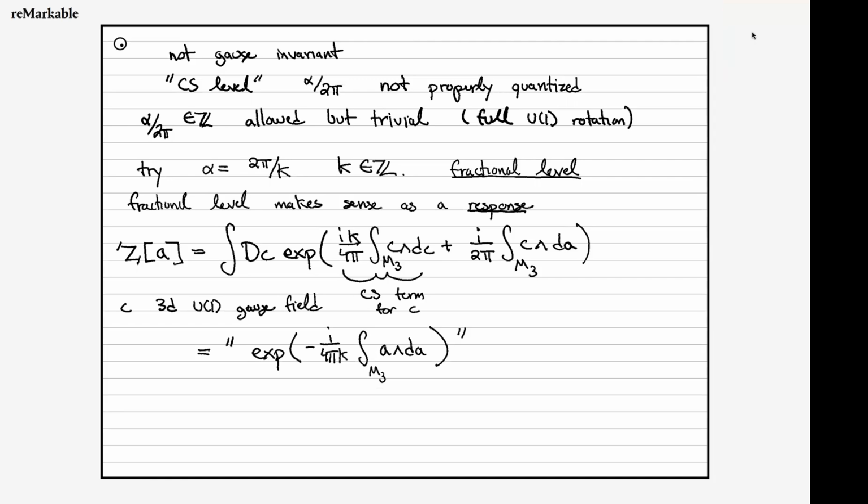I mean, they're not gauge invariant unless the coefficient is chosen to be appropriate. So here the coefficient is okay. Usually the coefficient has to be an integer divided by 4 pi. And that's why this is not well defined, generally speaking, because the coefficient is not of that form. The issue is just that A is a gauge field. It's not really a one form, right? Because of that difference, you have to pay the price that you have to put a special coefficient there.